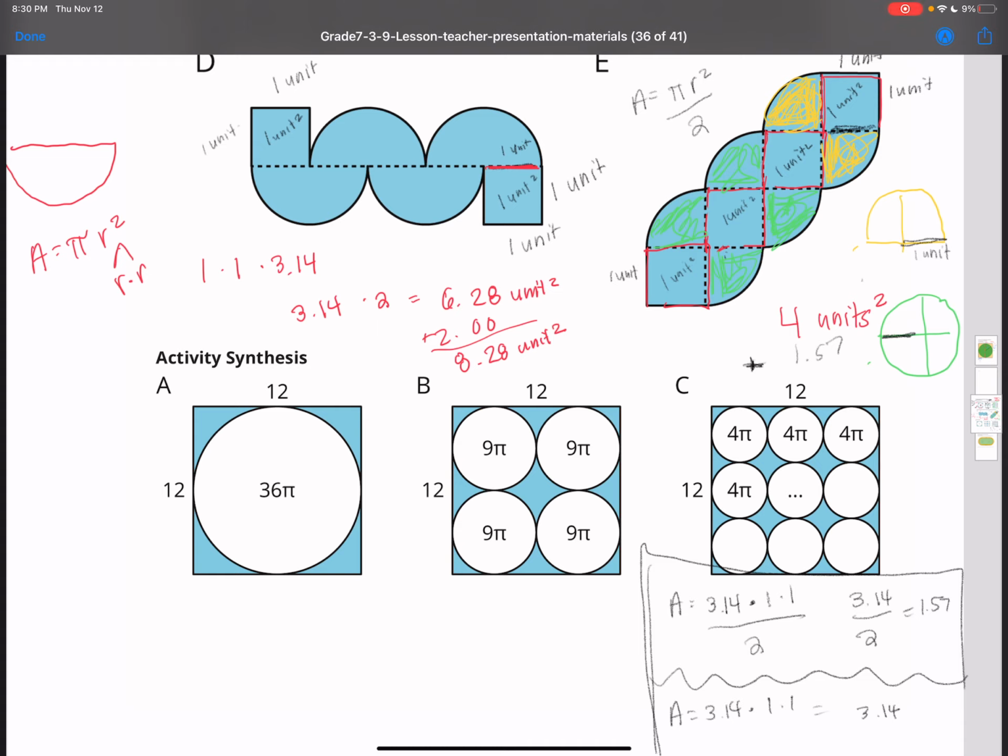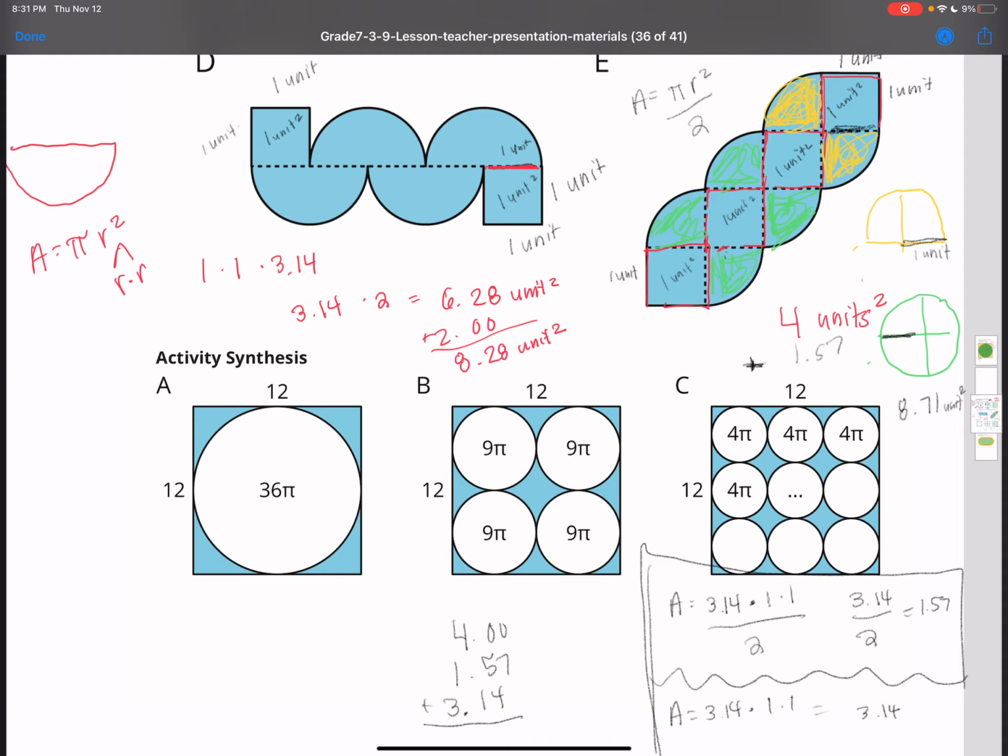Which is 4.00, which I'm adding those 2 zeros because I have decimal values, and 3.14. So when I add all of those numbers together, it should give me 8 71/100 units squared. Okay.